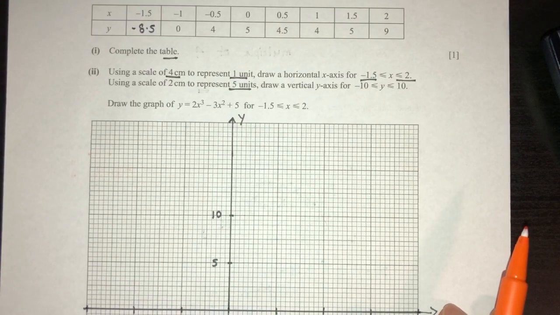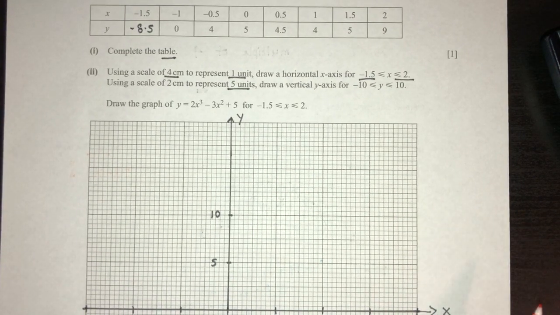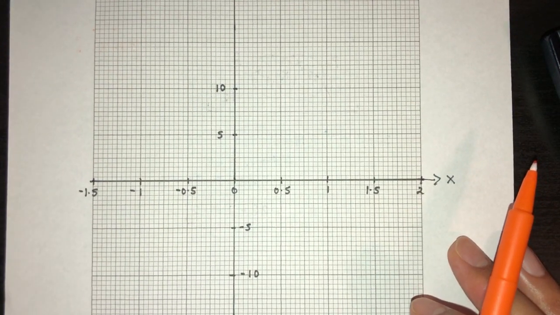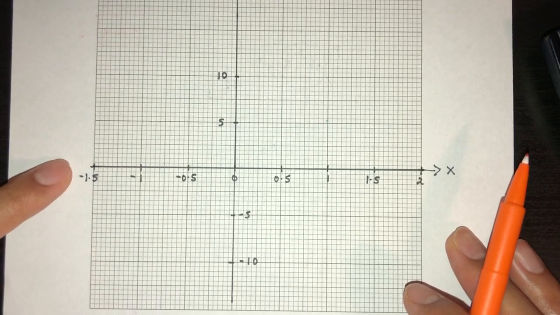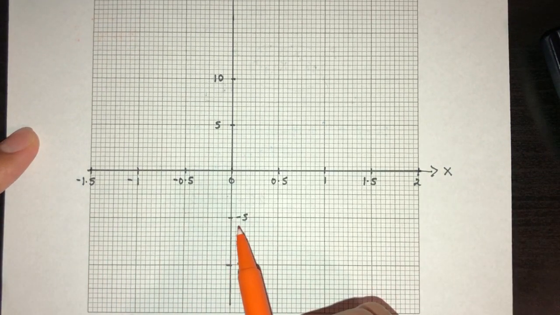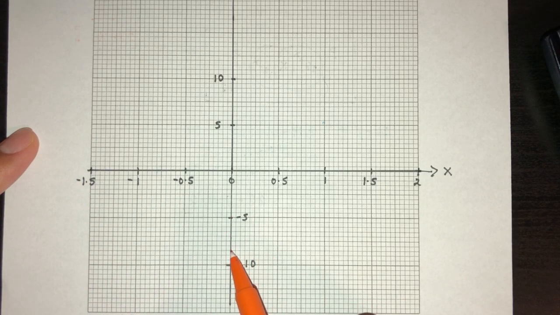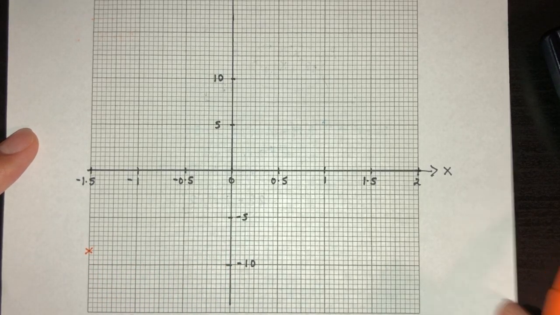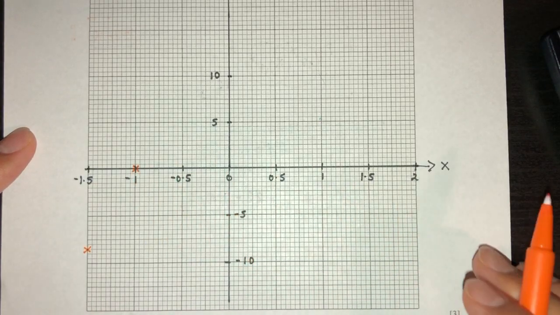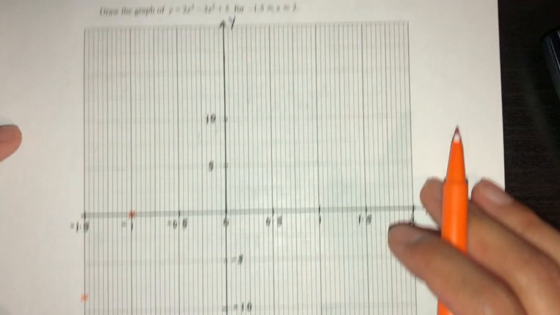So the first point that I have is minus 1.5, minus 8.5. So this is minus 1.5 here, and minus 8.5 will be, well, this is minus 6, minus 7, minus 8, minus 8.5 will be right here. And then we have minus 1, 0 will be here. Then we have minus 0.5, 4 will be right here.